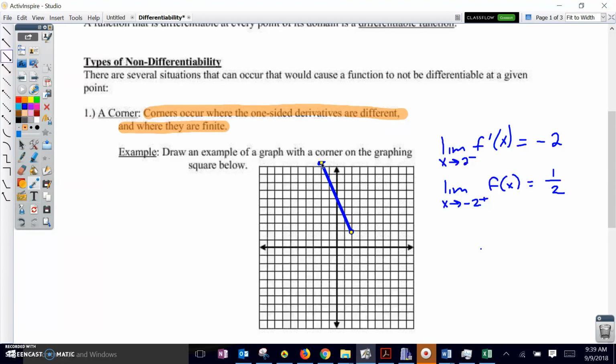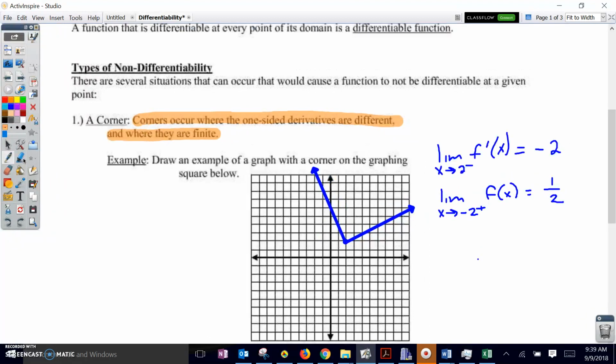And the limit as we approach it from the right is 1/2, so we draw a line right there. And what you see here, where these two meet, is a corner. Two segments meeting at a hard corner. That's the first type of non-differentiability.